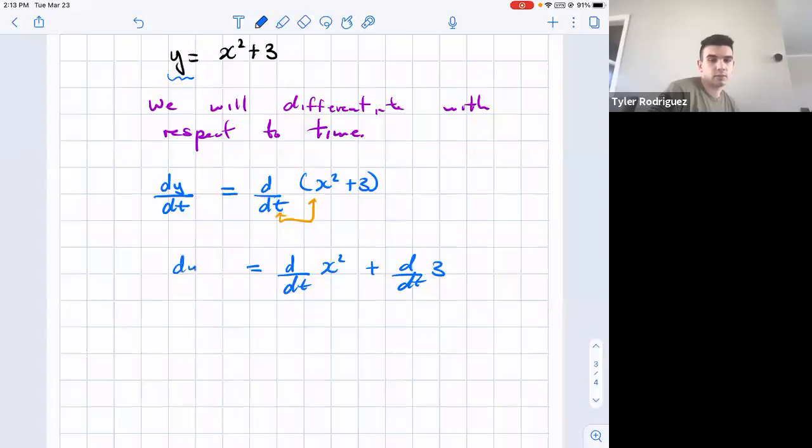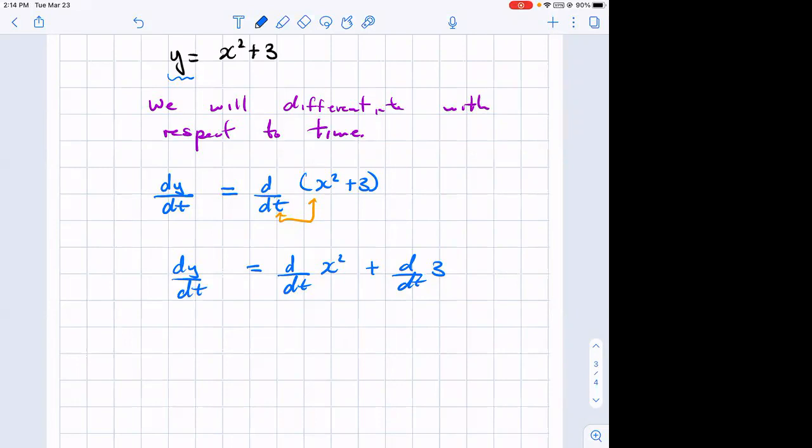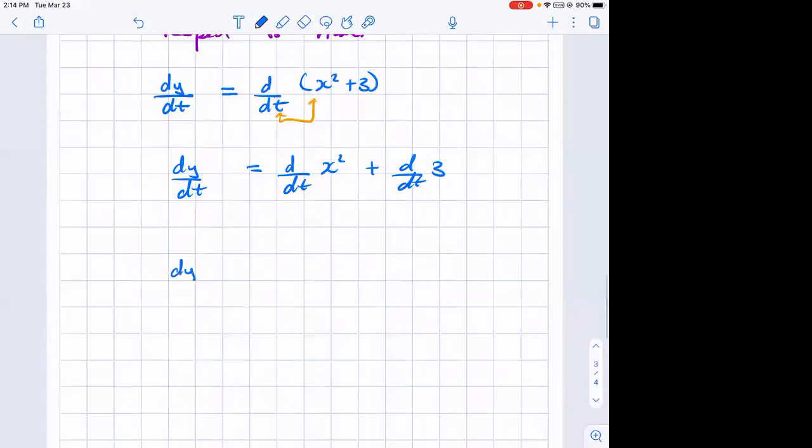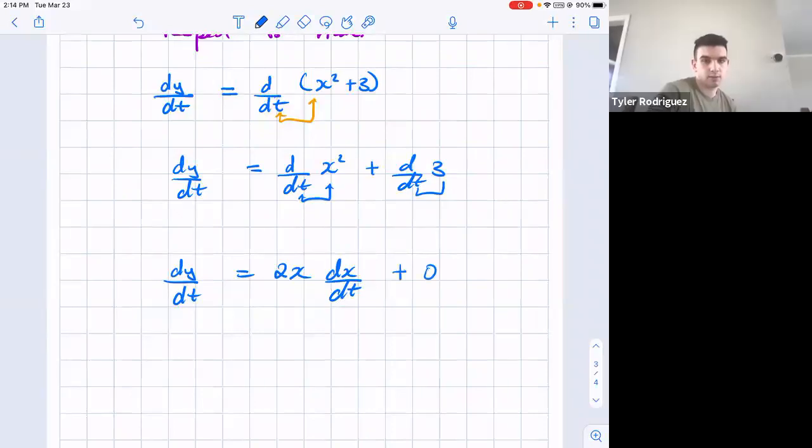So dy/dt, this side is still dy/dt. If you differentiate this, the variables are different, so this becomes 2x dx/dt. And when you differentiate a constant in any way, it becomes 0.